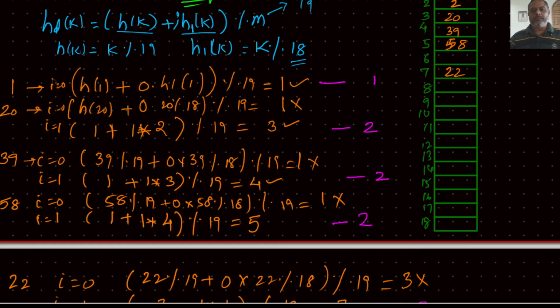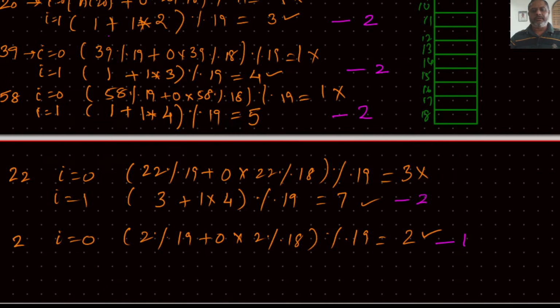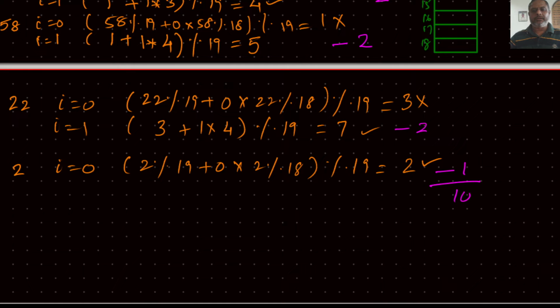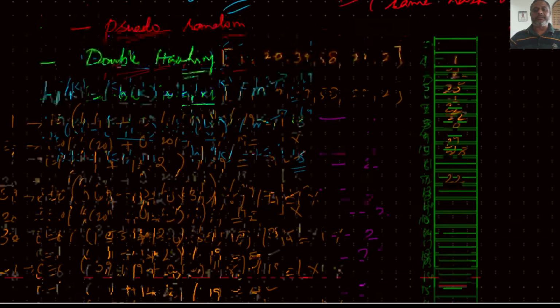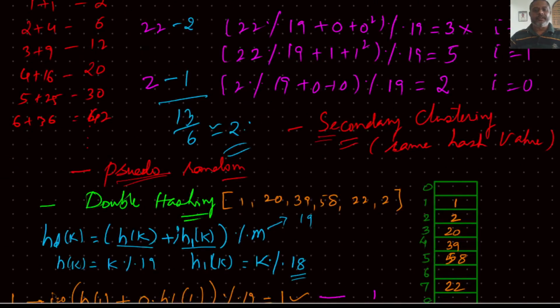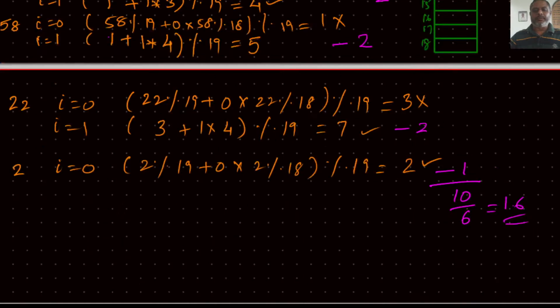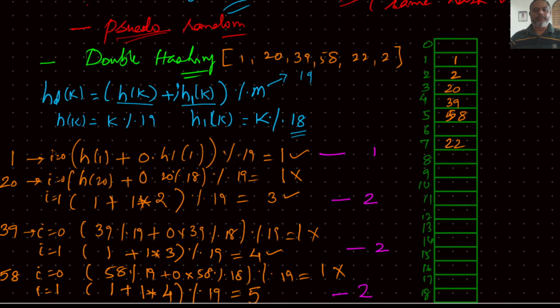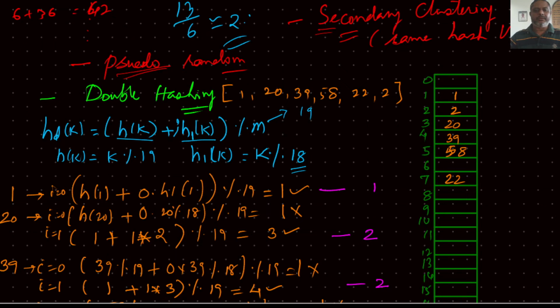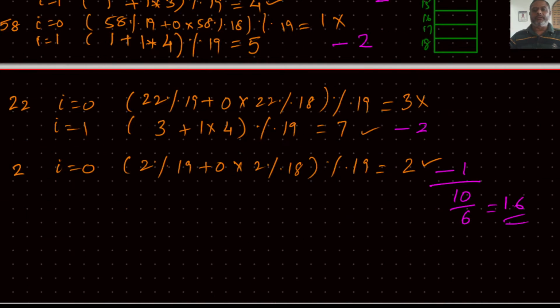So 3, 5, 7, 9 and totally 10 by 6. So that is something like 1.6. So 2 point something has come down to 1.6. That is if you go for 18. If you take any other value, then this whole equation is going to change.